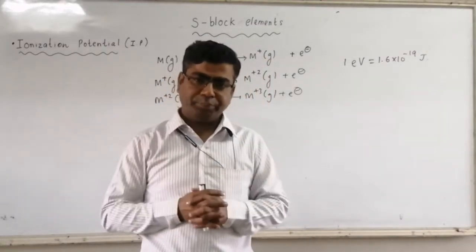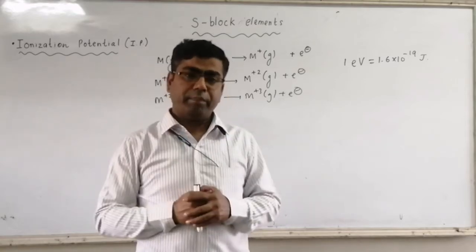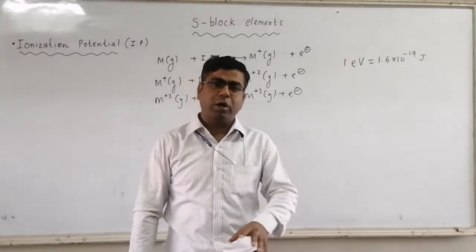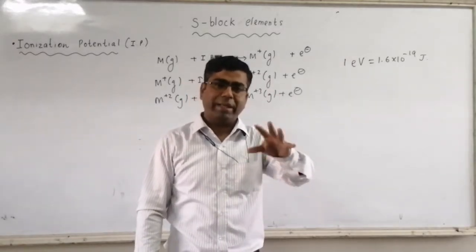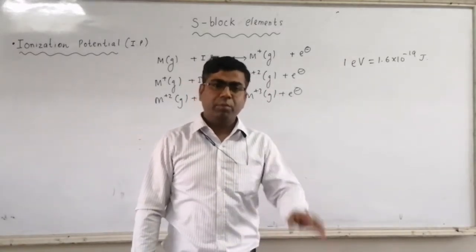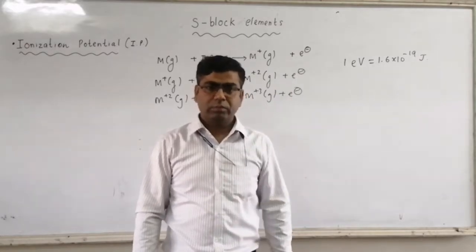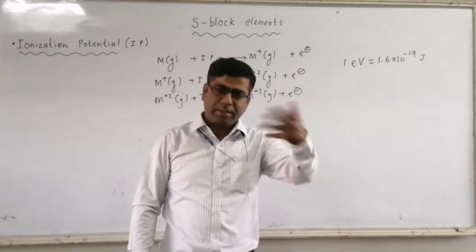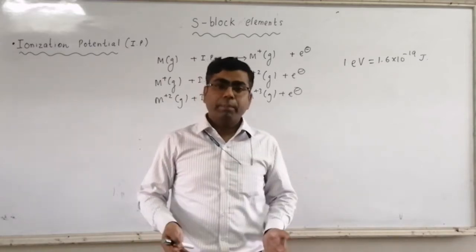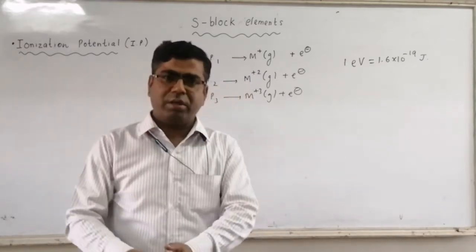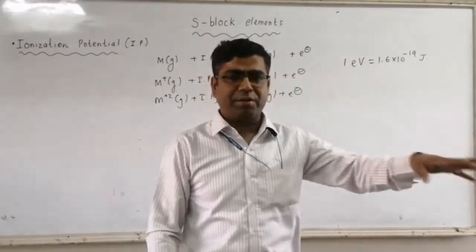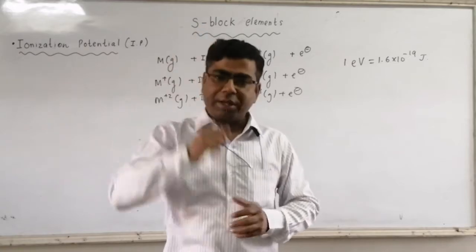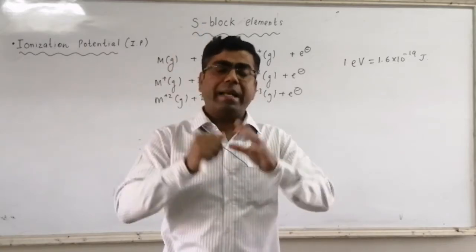Now about the factors. What are we doing? We are removing an electron from the valence shell. Energy is required. Why is it required? Because there is a force of attraction between the nucleus and the valence shell electron, and against this attraction we have to supply energy.